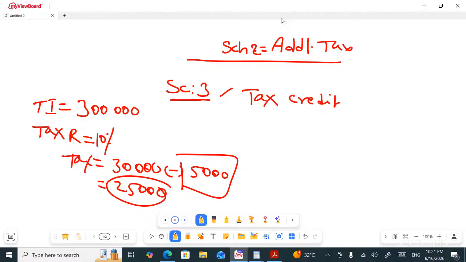How many types of credits? That matter will be handled by Schedule 3. When we go to form number 1040, first we include all the incomes. Then we calculate the tax.